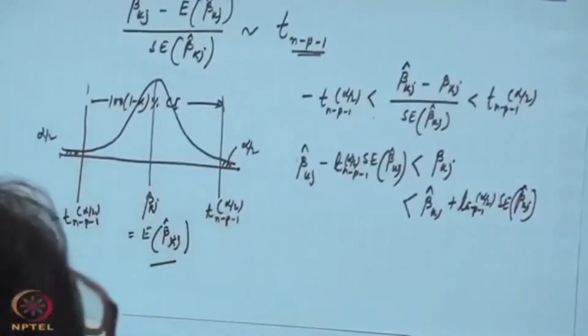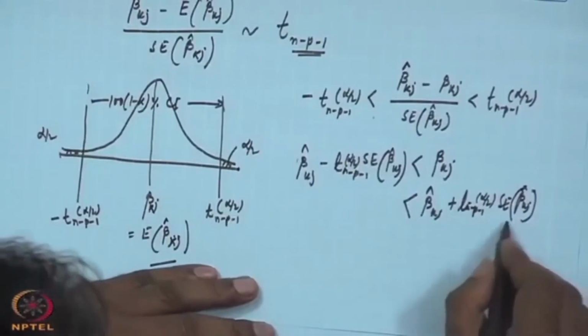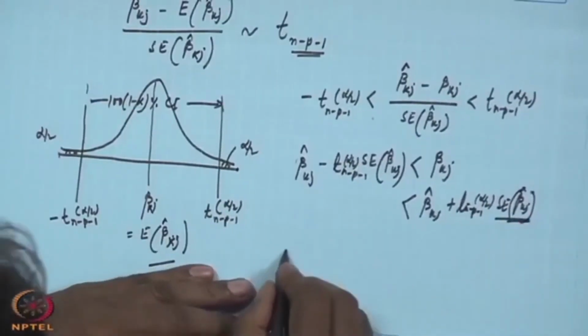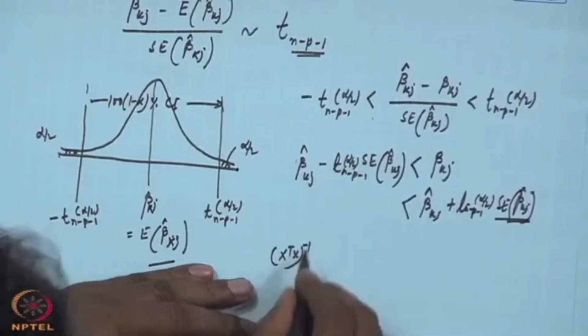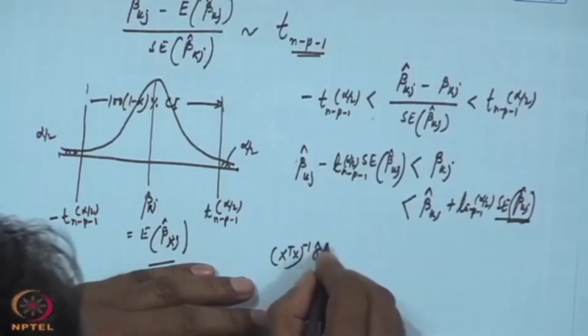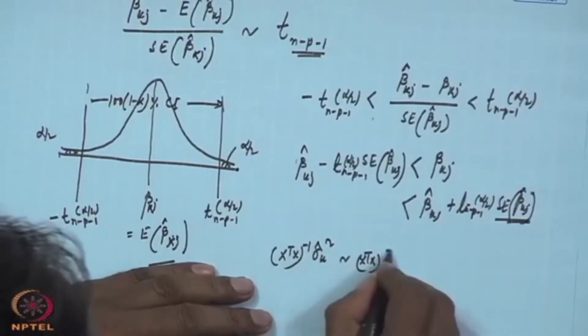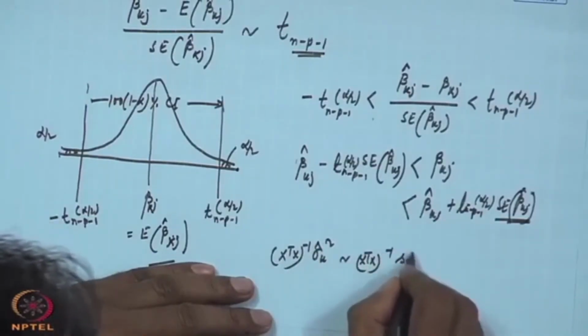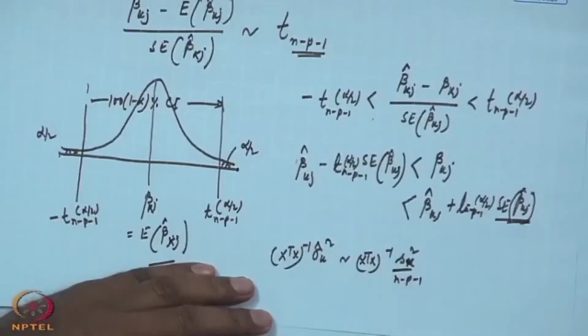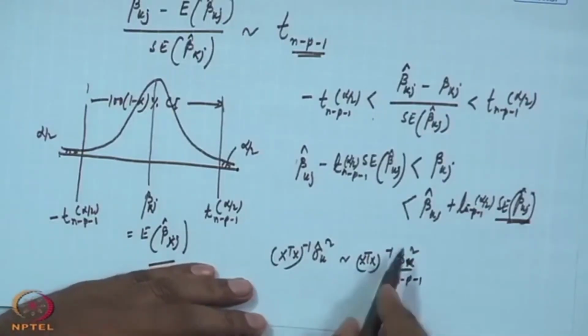So, how do you know the standard error of beta kj cap? I told you, x transpose x inverse sigma k cap square, which will give you x transpose x inverse s k square by n minus p minus 1.